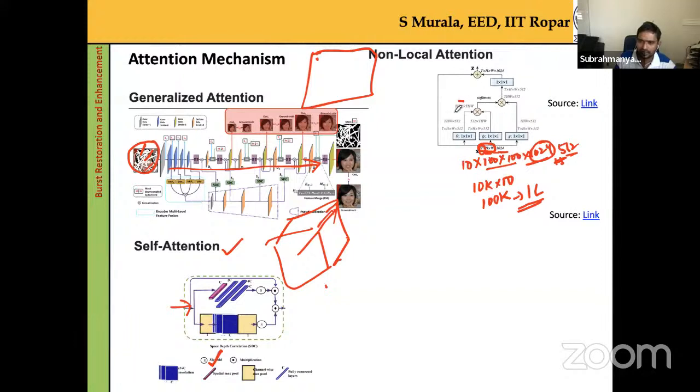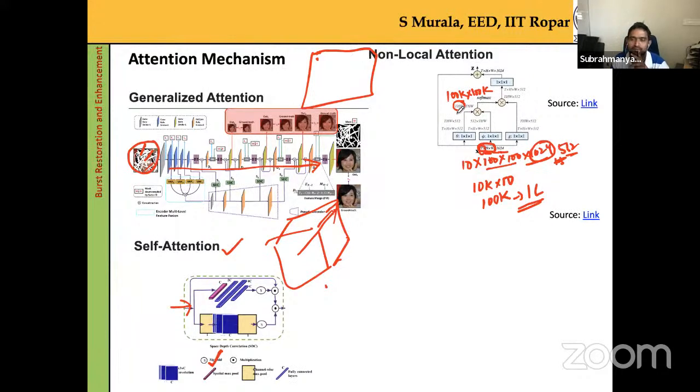So THW is 1 lakh, meaning 100K divided by 100K. So you are getting a matrix size of 100K by 100K, which is 1 lakh by 1 lakh. Can you process this much image size using deep learning algorithms? It is not possible.